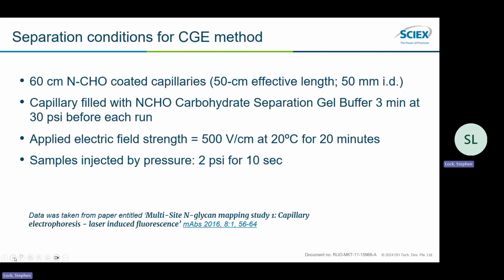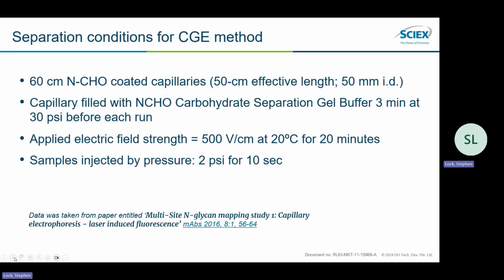The capillary is filled with a gel, the N-CHO carbohydrate separation gel, which is a consumable you can buy from SCIEX. And we fill the capillary by applying pressure to a vial holding the gel, for 3 minutes at 30 psi before each run. So effectively, you're changing the separation medium every time you do an analysis.